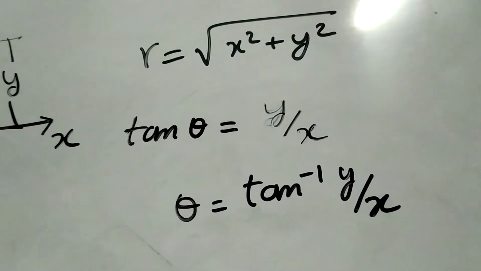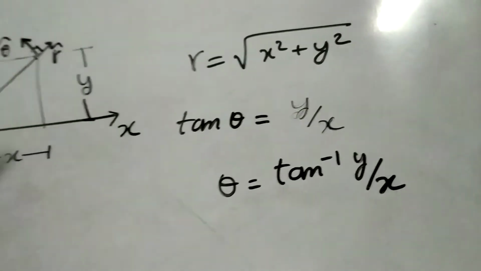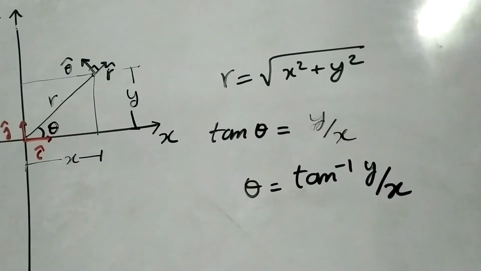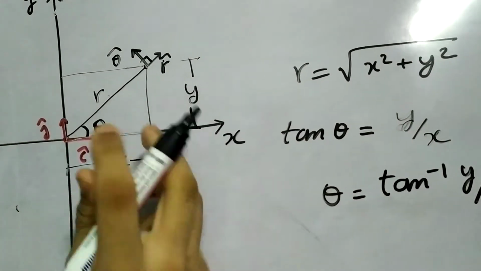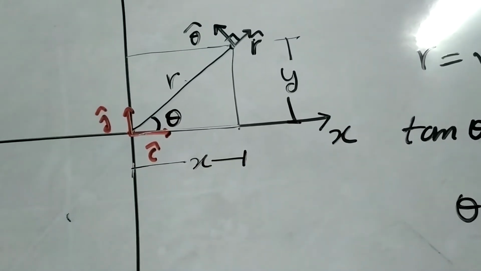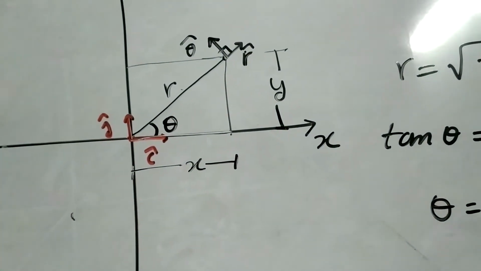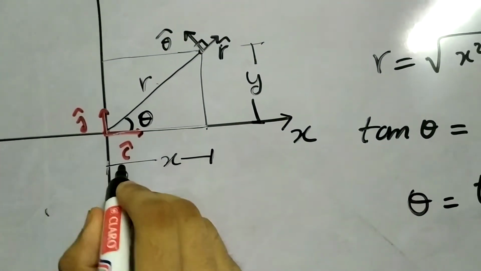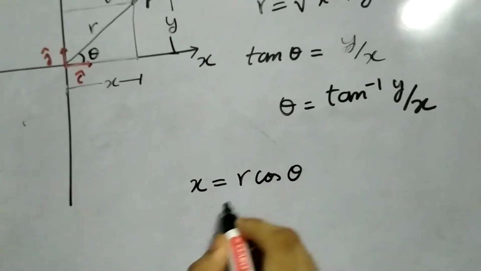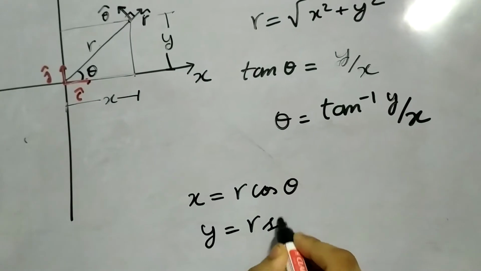And if you are given r and theta, how will you come up with x and y? It's easy. We have r given and theta given, and we need to find this length, which is r cos theta. So x is r cos theta, and similarly y is r sin theta.